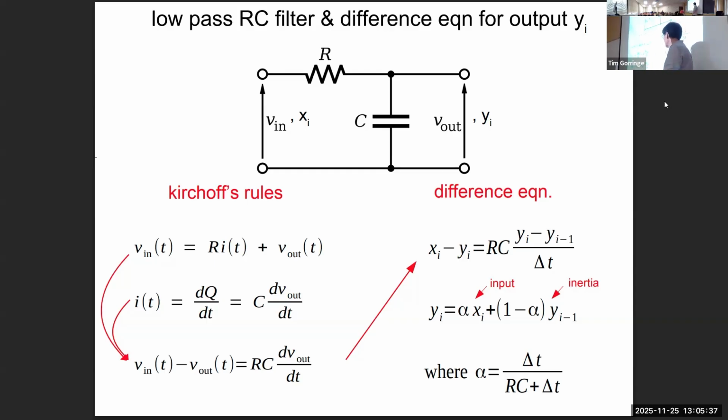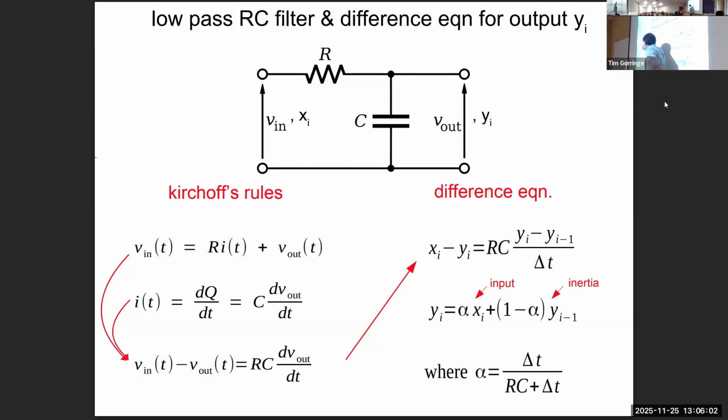So we're using both of those rules. The input voltage applied across the pair of terminals on the left is related to the output voltage, what we get out across the terminals on the right, by this little equation from Kirchhoff's voltage law.